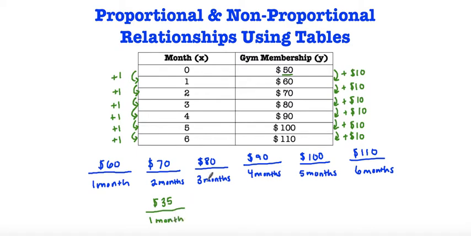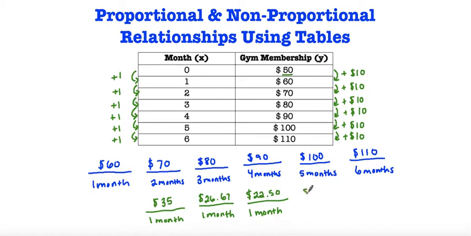For the $80, if we divide 80 by 3, we end up with a cost of $26.67 per month within those 3 months. For the $90 in 4 months, if we divide that, we end up with $22.50 per month for those 4 months.